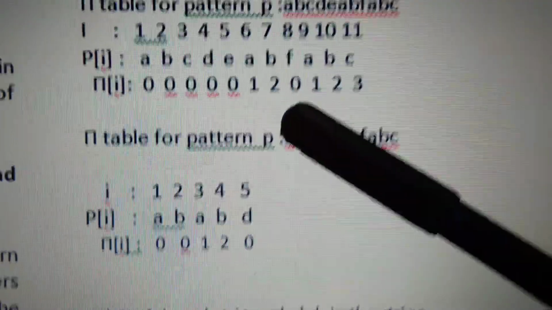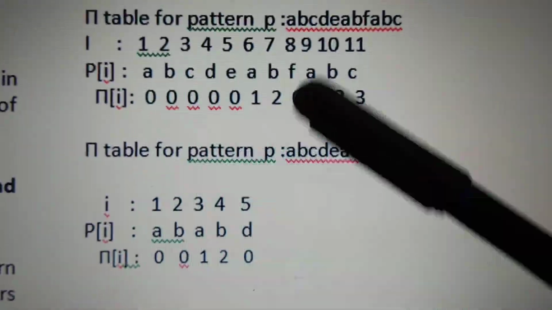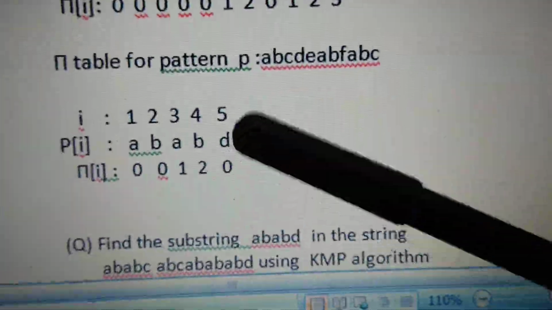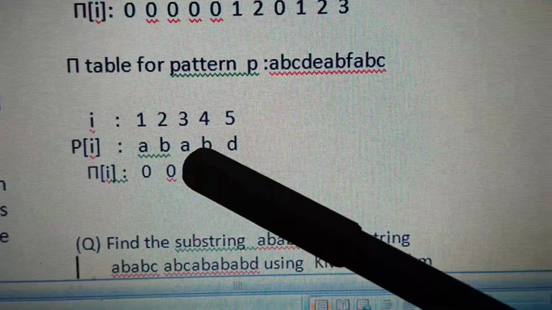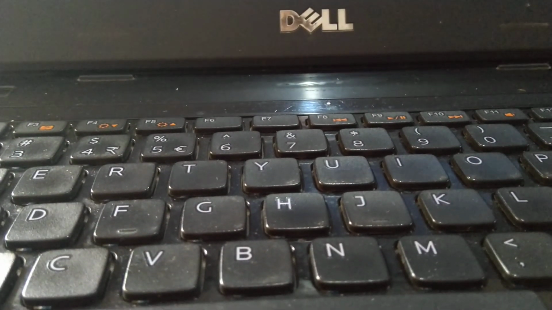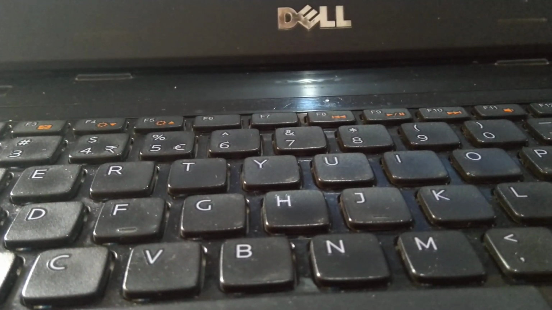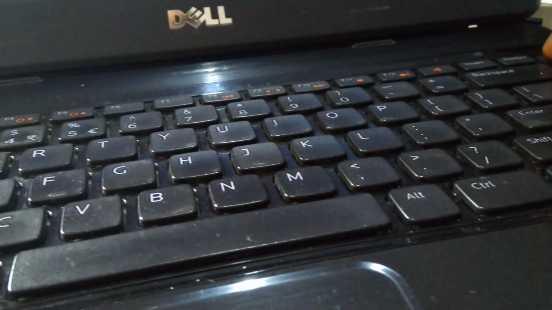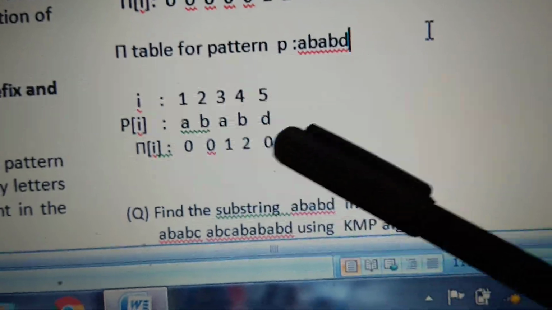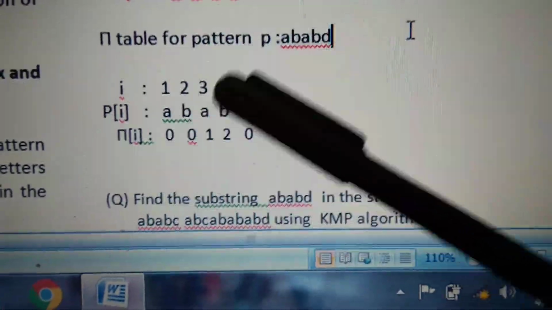So this is the pi table generation for this particular pattern. One more example you will see. So this is the pattern ABABD. ABABD is written, and the index you already write.